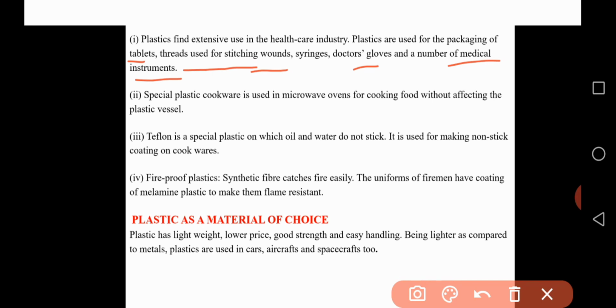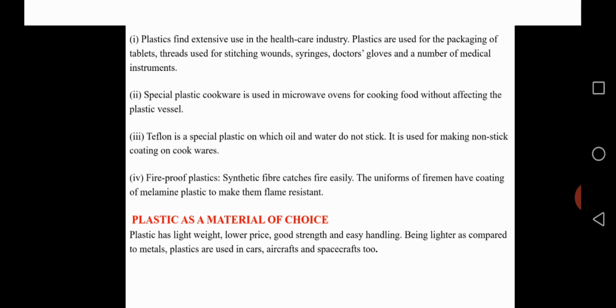So plastic finds extensive use in the healthcare industry, in these areas particularly.